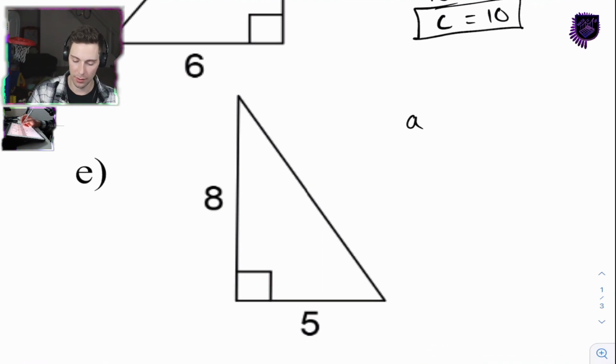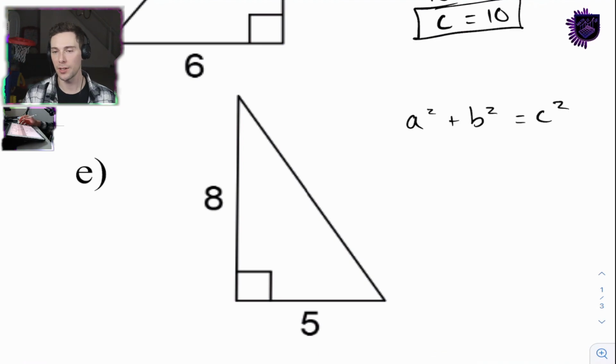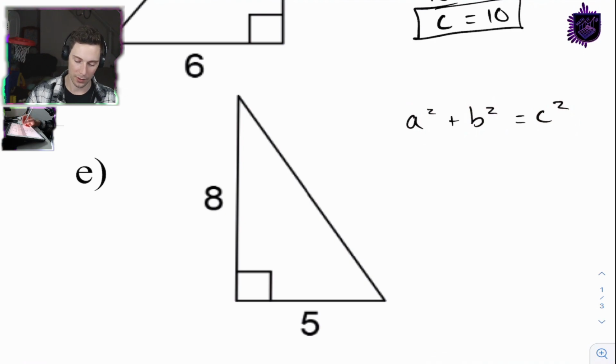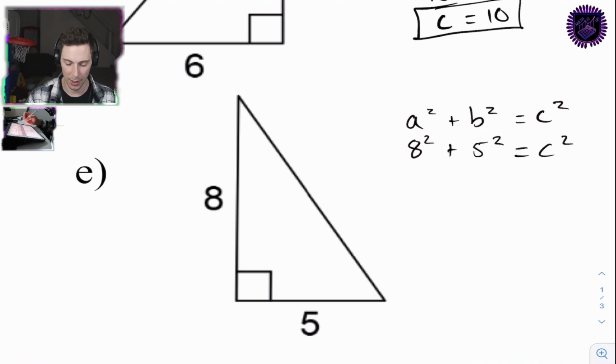a squared plus b squared equals c squared. Now, once again, this is the square of side A plus the square of side B is equal to the square of side C. So let's call side A 8 squared, let's call side B 5 squared, and let's call side C squared because we don't know it yet.